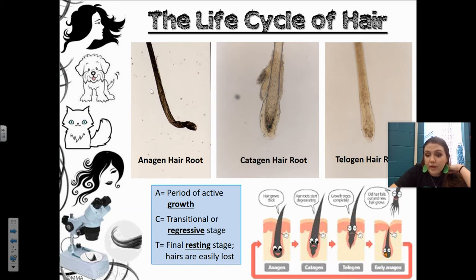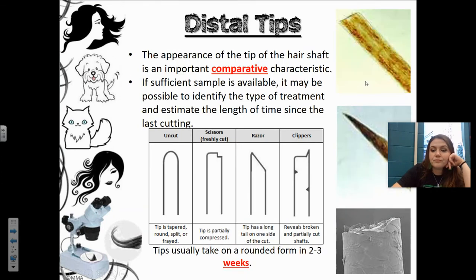Most of your hair is in the growing phase for us. And then this is when it's kind of done growing, but it's not ready to fall out yet. And then the telogen hair phase is the final resting stage, and hairs are easily lost. So when we get to this phase, that's when it's really loose and you can just pull your fingers through your hair and it just falls right out. That is the telogen stage.